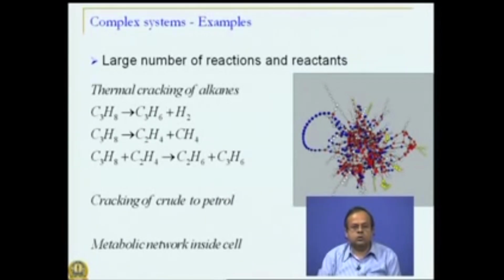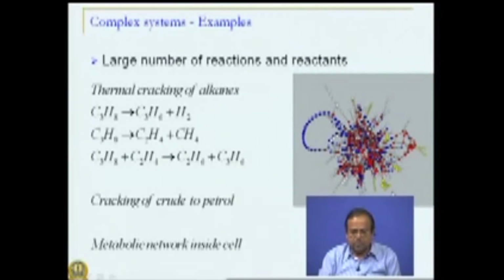A more close example is the metabolic network inside the living cell, and the cartoon that you see over here is actually a map of all reactions that take place inside the cell. In fact, it may not even be all reactions, but whatever we know, for example, in an E. coli cell.